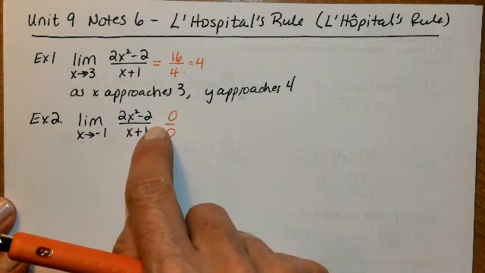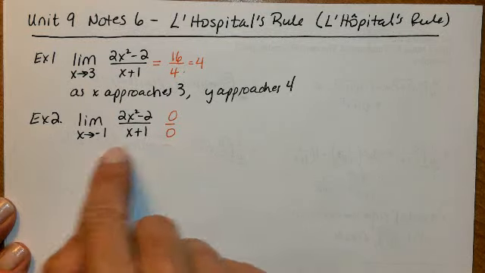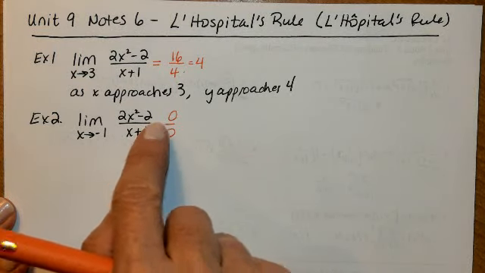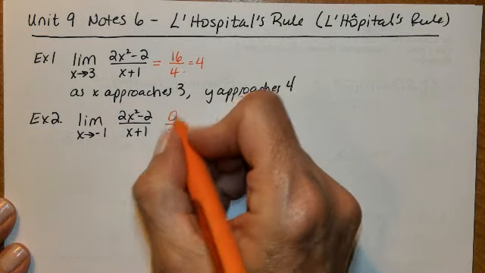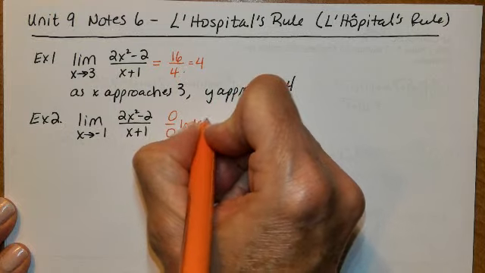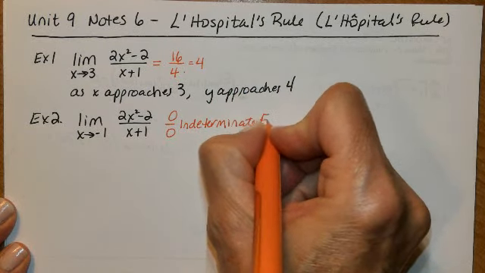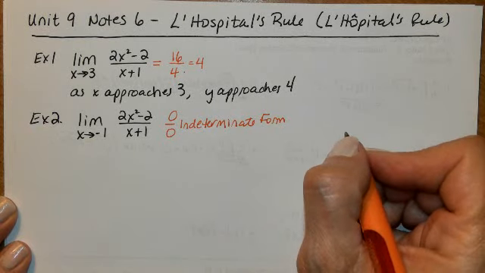If you put equals, you're saying something that's wrong. And I'm not going to give you credit if you say something that's wrong. So don't put an equal to sign because it's not equal to. This is not a number. This is an indeterminate form.